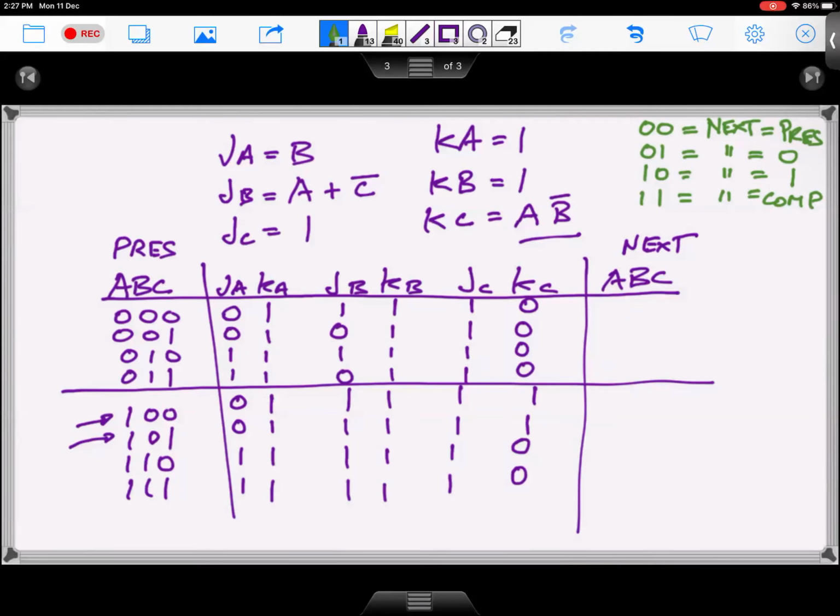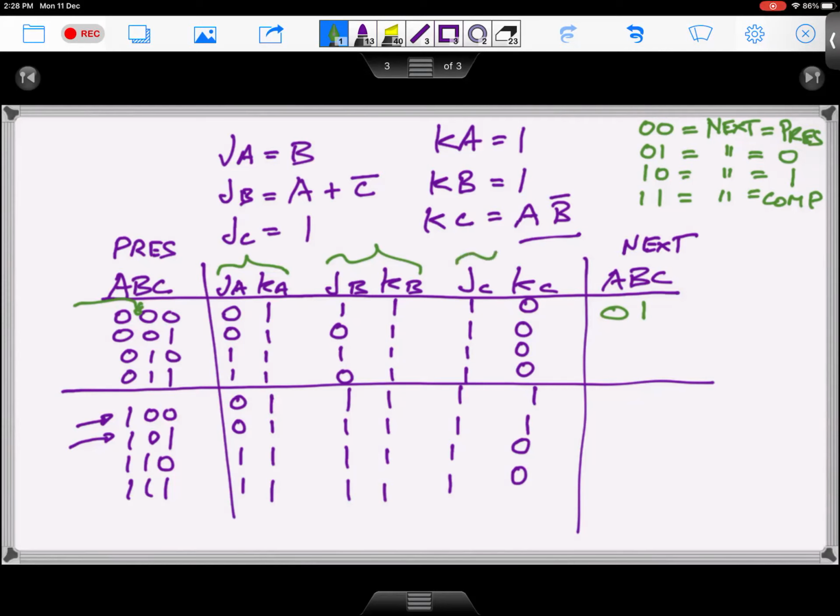Okay, so let's look at that table and look at what we have and just write it down. We see 0, 1 on KA, so we quickly write A as a 0. We see 1, 1 on JB and KB, and so we take this 0 here and we invert it, complement it to a 1.